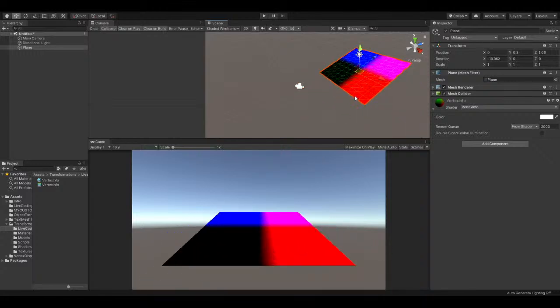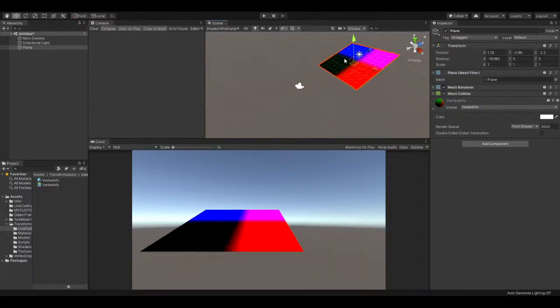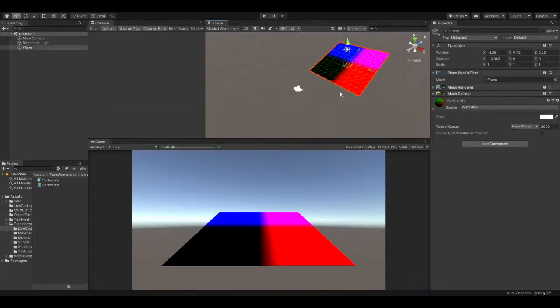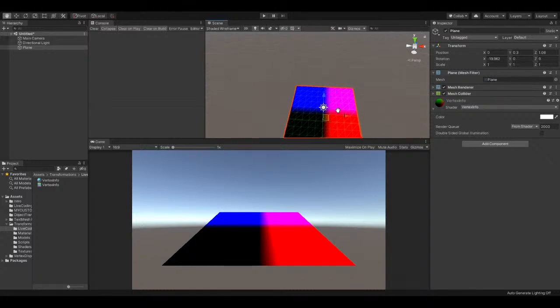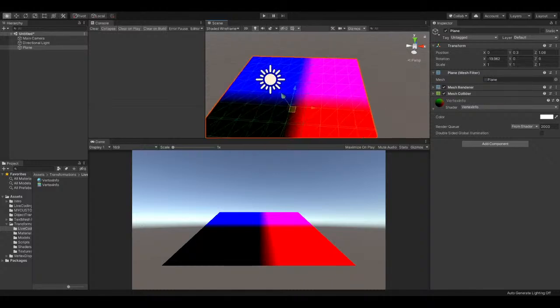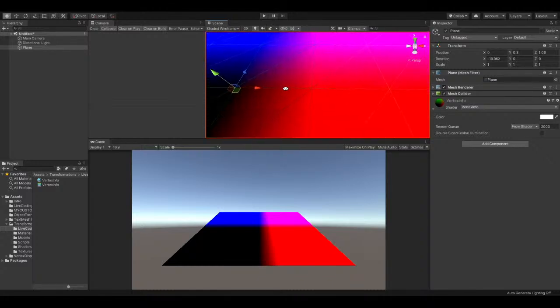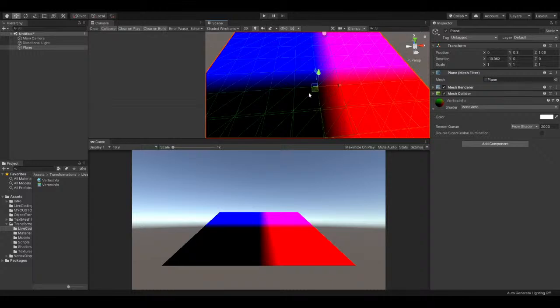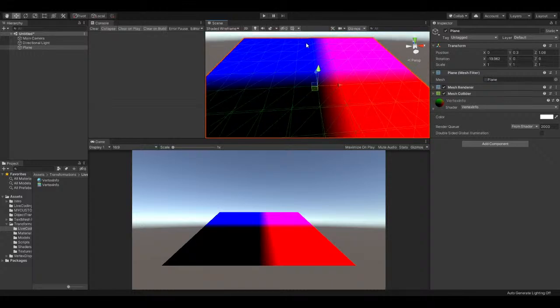Every vertex is getting colored depending on where the vertex is with respect to the pivot. If you see this pivot, this is the center. So any vertex that is below this point is going to be black, going into the z direction but not in the y, with respect to the pivot.